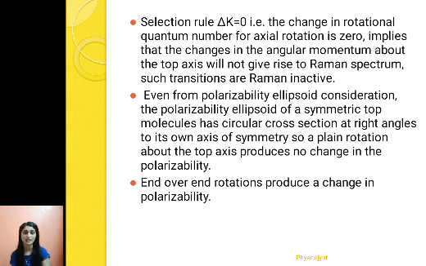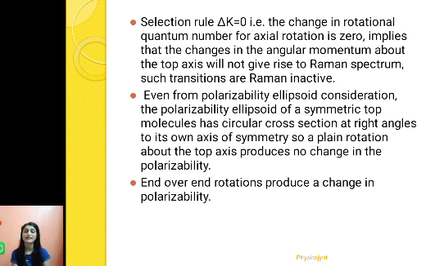Now, even if we try to give the same kind of explanation classically, on the basis of polarizability ellipsoid considerations, we can explain the Raman effect classically and quantum mechanically. When we describe the Raman effect in terms of quantum mechanics, we consider the scattering which is taking place between photon and molecule.